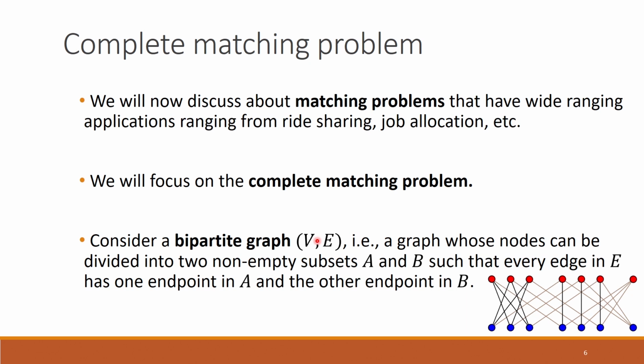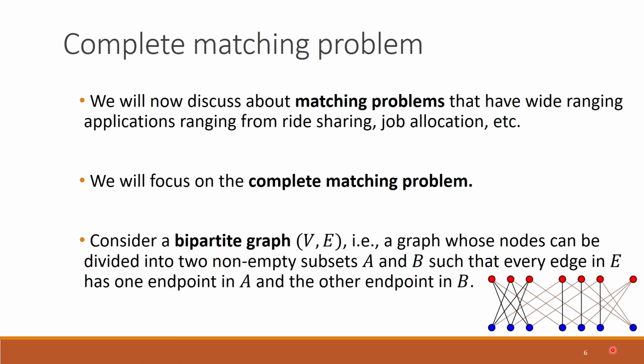So, the total set of nodes V can be divided into two non-empty subsets A and B, such that every edge in this set E has one endpoint in A and the other endpoint in B. Okay. So, let us take a look at this example here. Here we have two types of nodes. One is the red colored nodes here and the other is the blue colored nodes at the bottom.